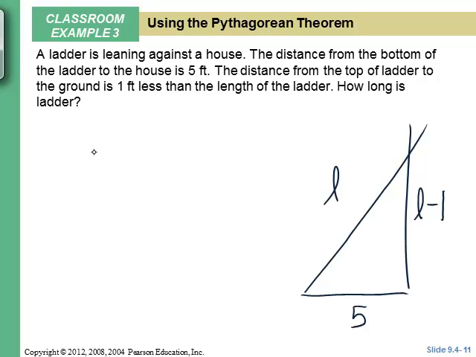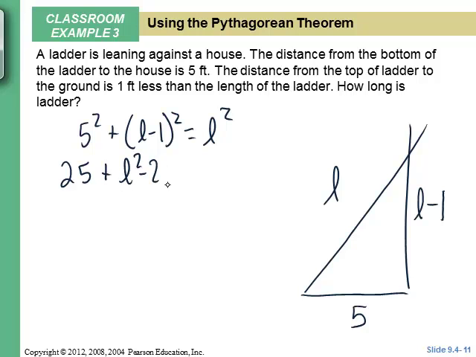So, 5 squared plus L minus 1 squared equals L squared. 25 plus L squared minus 2L plus 1 equals L squared. Subtract L squared from both sides.